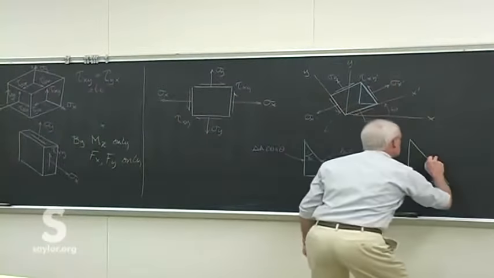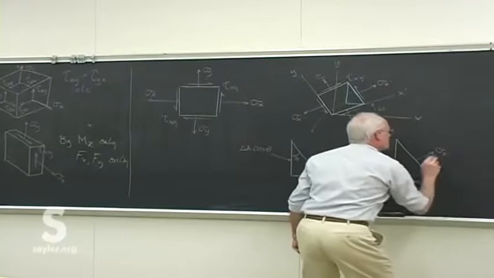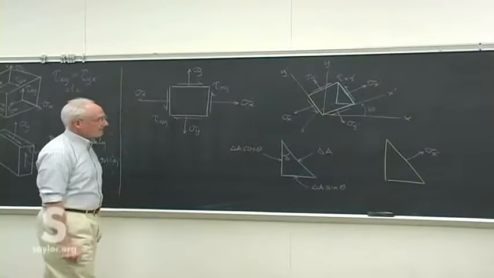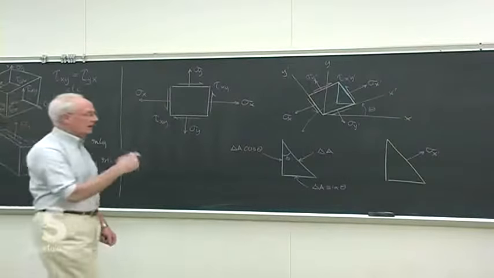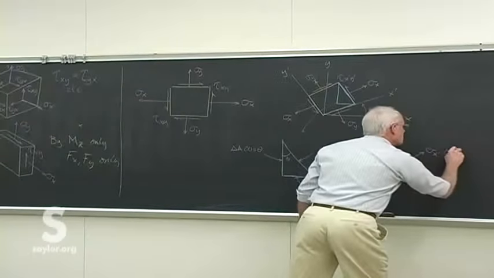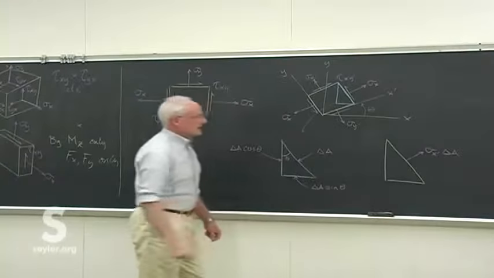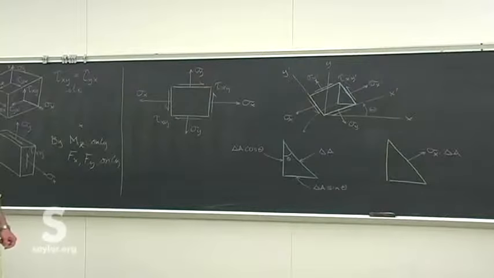So we've got this stress, sigma x prime, acting on that face. And again, remember, I'm arbitrarily drawing it in tension, but it could be anything, even 0. And that's acting over an area delta A. So that's the force on the x prime face.